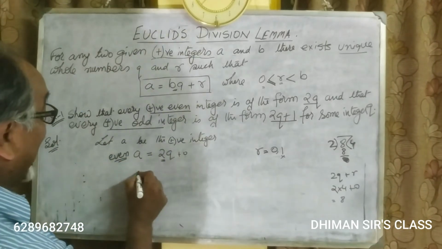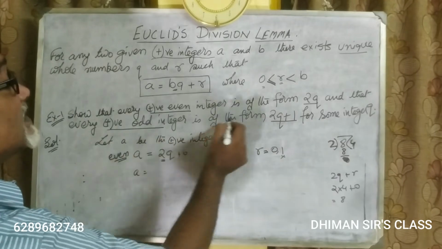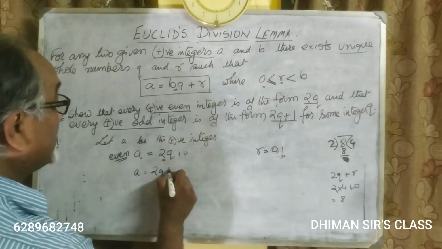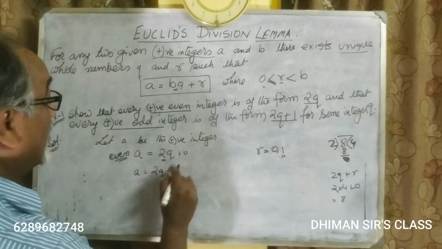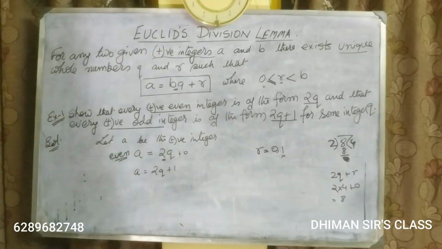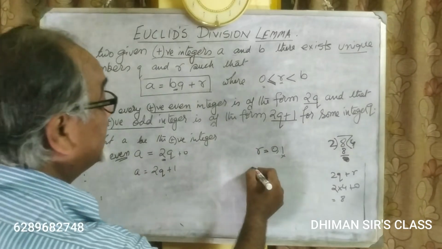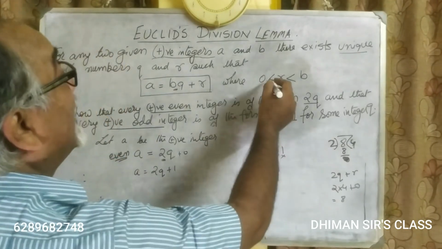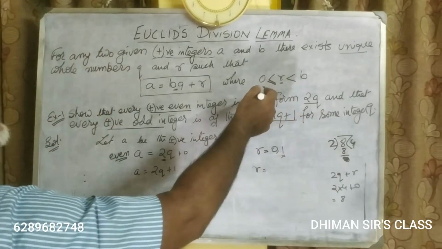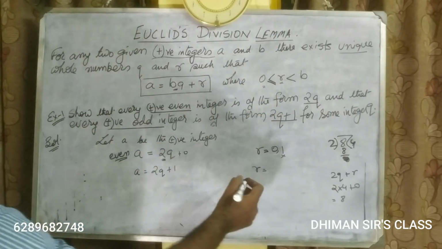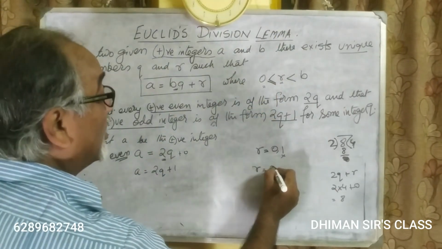Now, let again A be equal to 2Q plus 1. Now, here, what do we find? R should be greater than or equal to 0, so it may be 0.